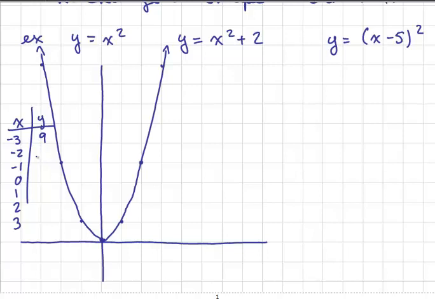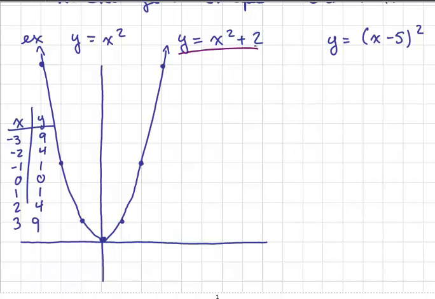So -3 becomes 9, -2 squared is 4, -1 squared is 1, 0, 1, 4, 9, etc. And each of those points are graphed here: -3, 9, -2, 4, -1, 1, 0, 0, 1, 1, 2, 4, and 3, 9. I'm more concerned with what we do here.